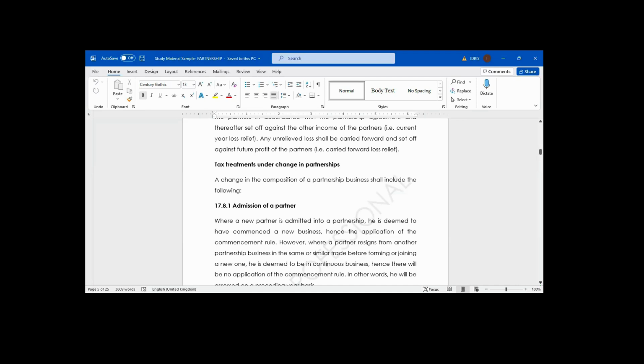When a new partner is admitted, we are going to apply the commencement rule for that new partner in assessing the partner that was just admitted to tax. Commencement rule we apply.